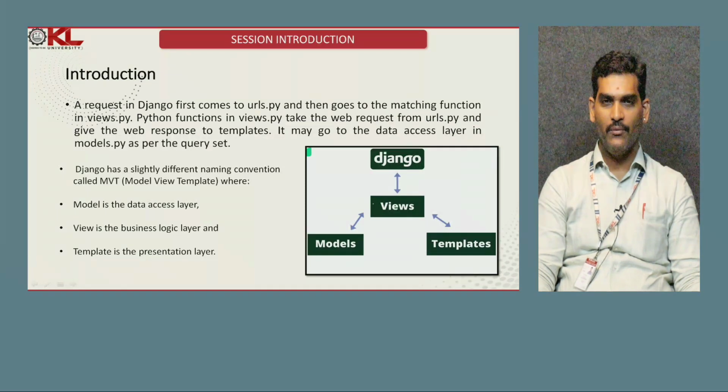We need to create urls.py manually under each and every app, and we need to connect the project-related urls.py to the app-related urls.py.